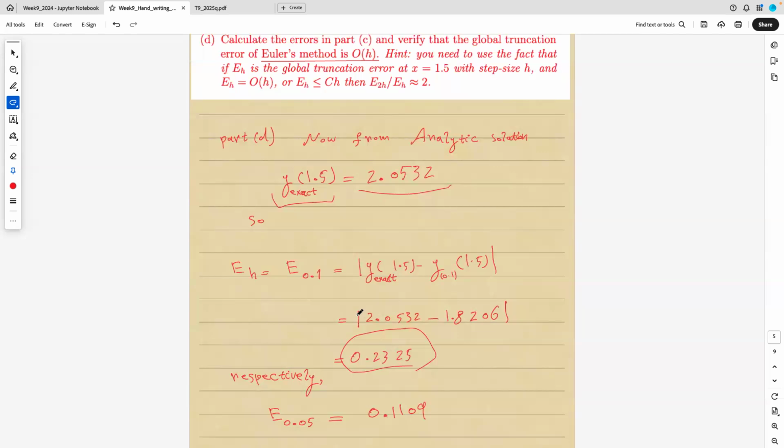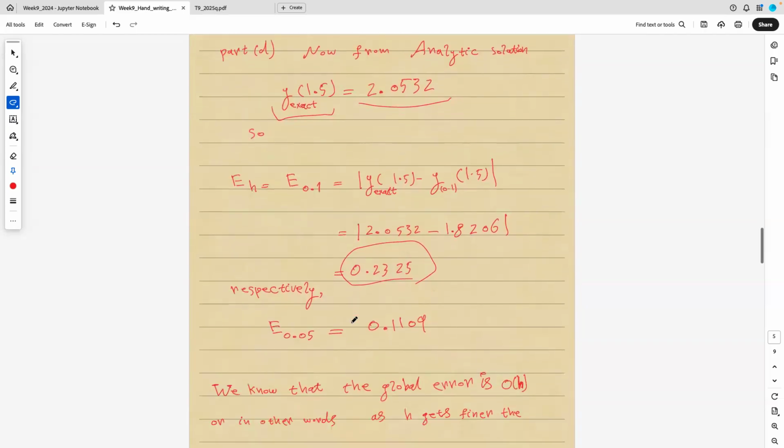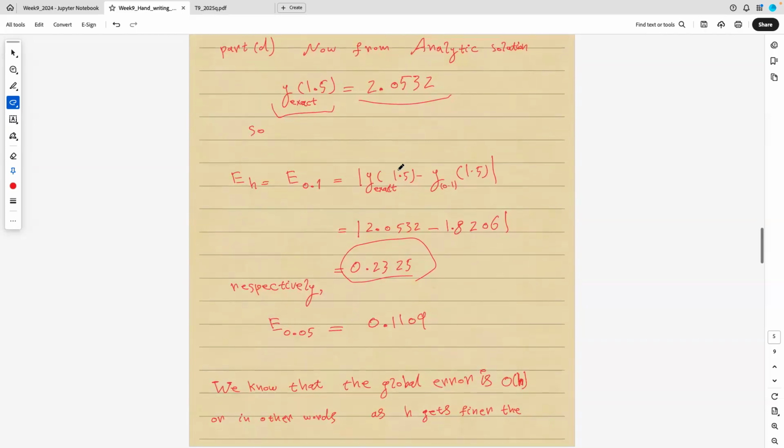Of course, we are after the absolute value because we just need to know the difference, and the difference is always a positive number. Again, we can use the same process for the final step size, like 500. So it is this guy.